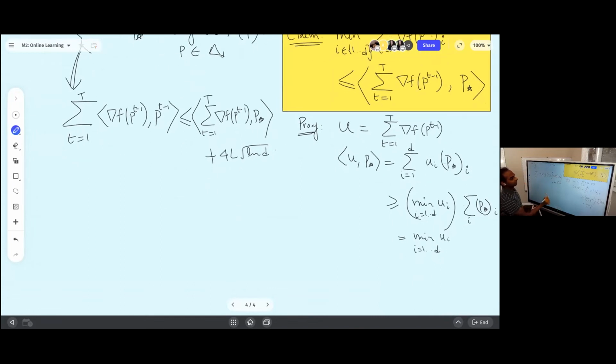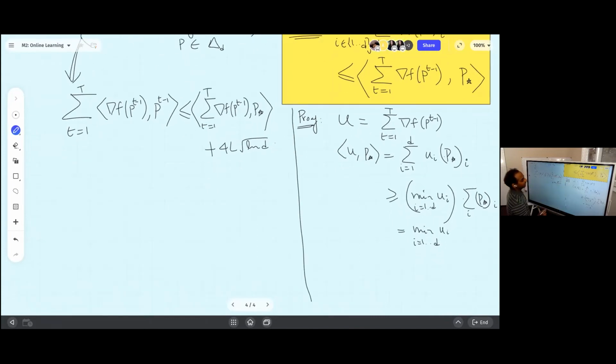Okay, so let's massage this a little so that we see a form which allows us to bring in the function value. What do I mean?